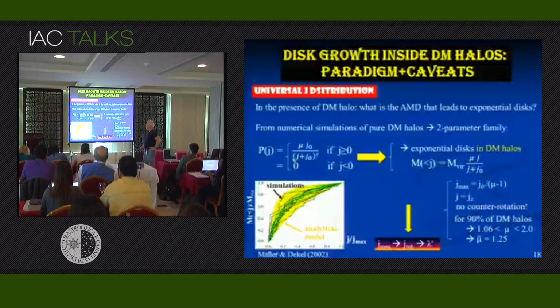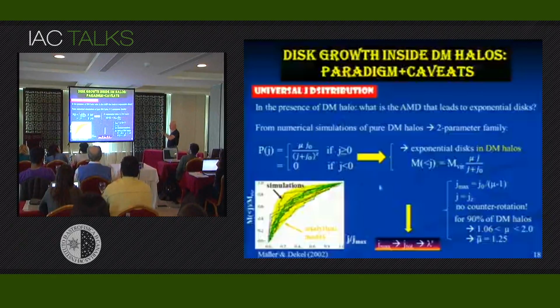Okay, so what is the distribution of the angular momentum in the halo which leads to more or less exponential disks, assuming the angular momentum is conserved? Well, with a little bit of algebra and numerical simulations, one can come up with this probability distribution with respect to specific angular momentum.